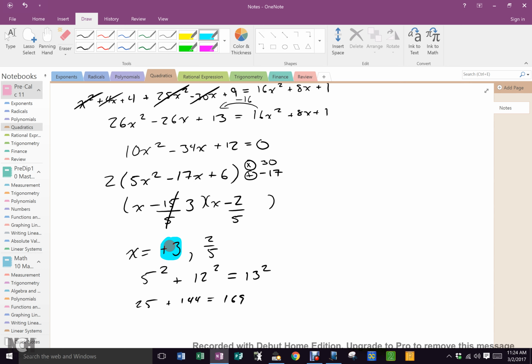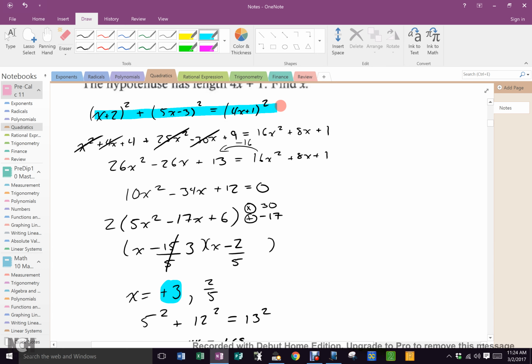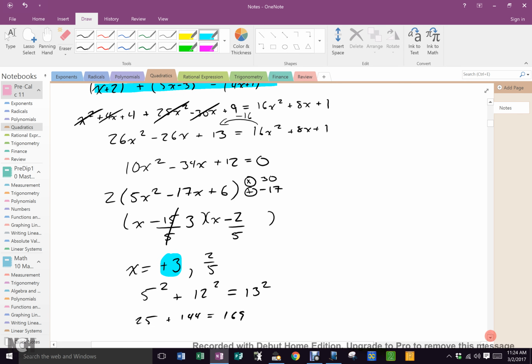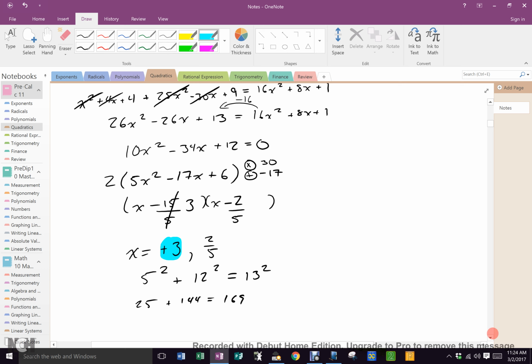But if I wanted to check it, could I? I would just put that in right there. Right? Everybody cool? That's quadratic equations. They get no more difficult, but they get more complex.